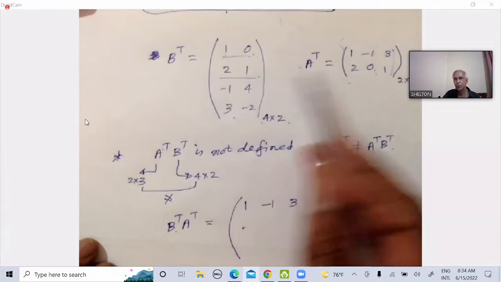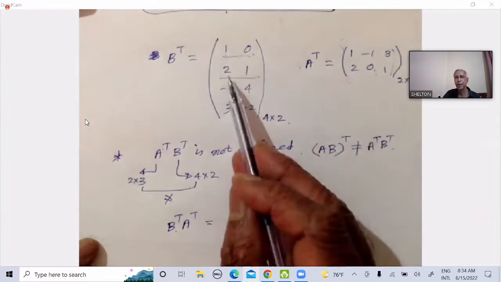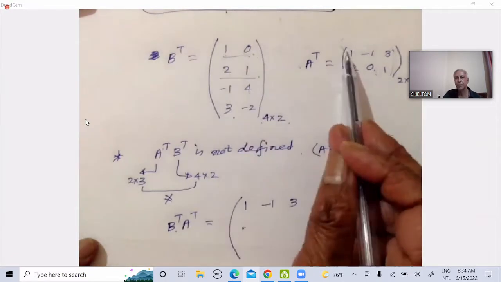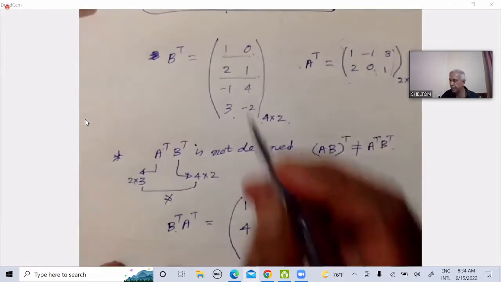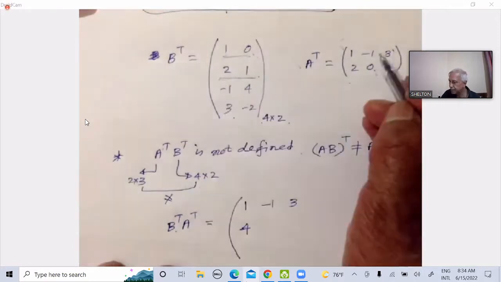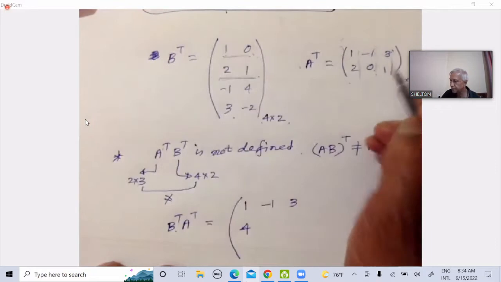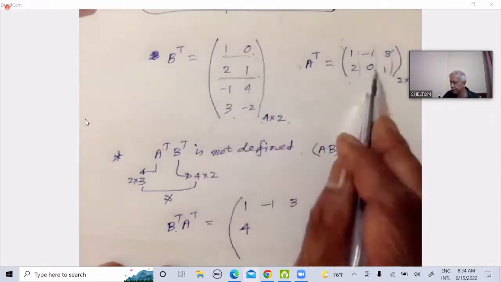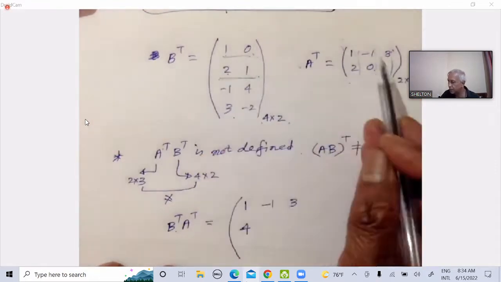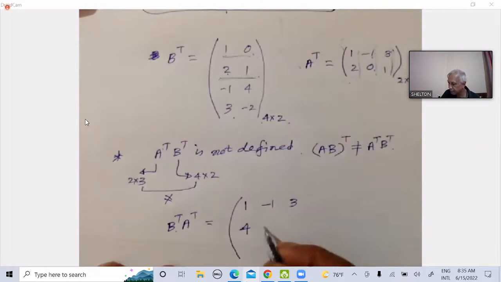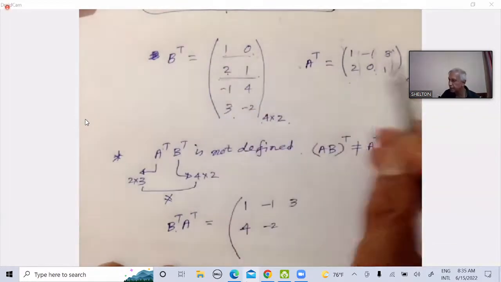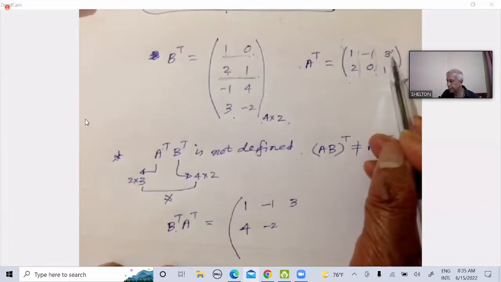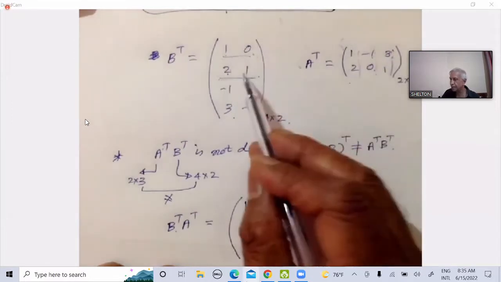Multiply, you get 2 plus 2, you get 4 here. That is the order in which I have written them. So minus 2. This times this, 3, 6, 1.